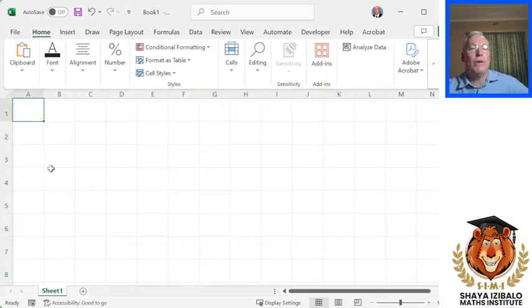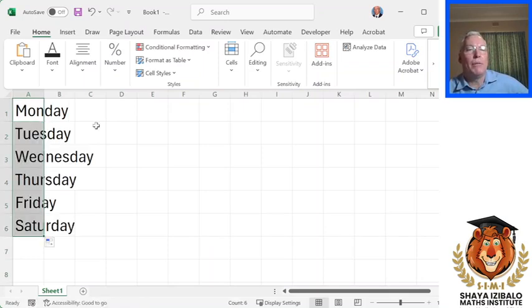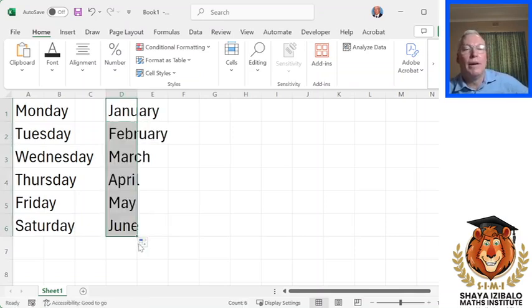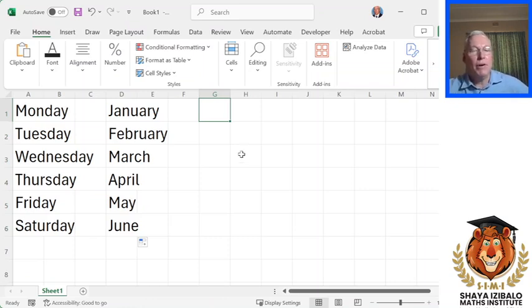For example, if we put in Monday and go to the bottom right corner and drag down, it will complete the pattern. If we put in January and do the same, it will continue. The amazing thing about Microsoft Excel is that if we put in the first 2 terms of an arithmetic sequence, it will continue it for us.